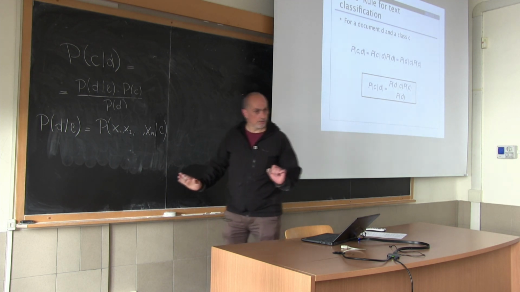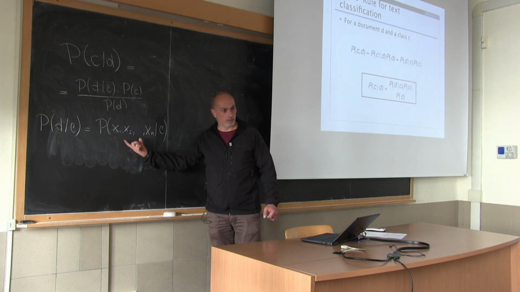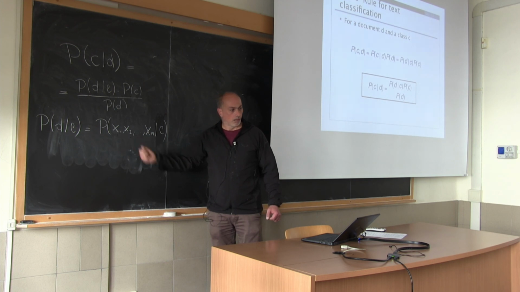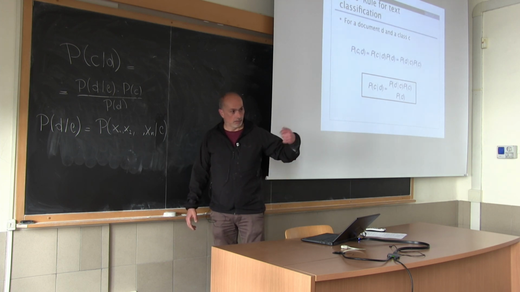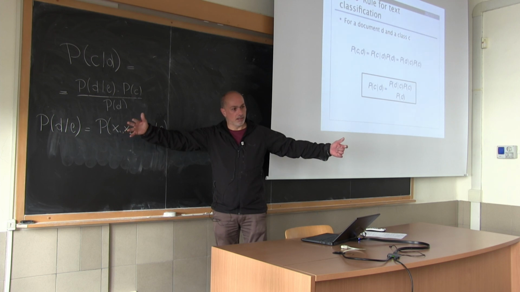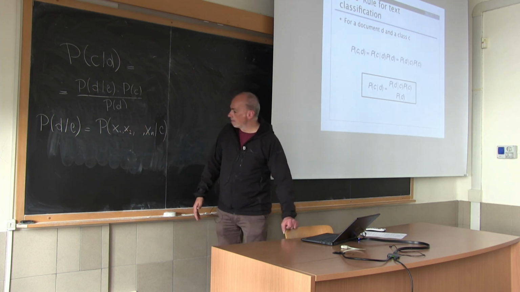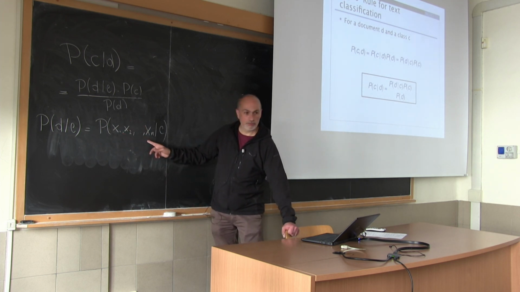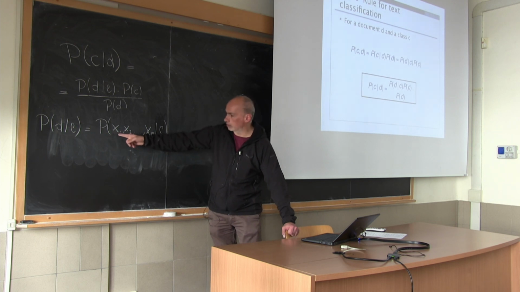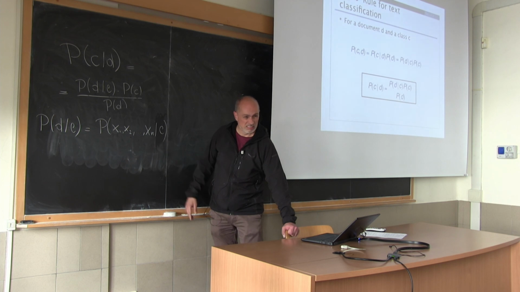What's the problem? We can do that. In principle, yes. I could try to estimate this probability. You know how? I collect a training set large enough that I can estimate the frequency with which I find this term in the first position, this term in the second position, and so on. That's a bit problematic.